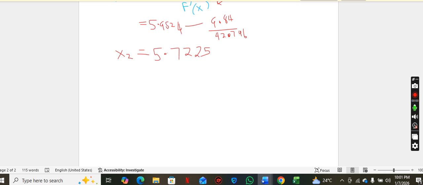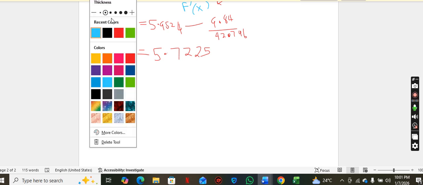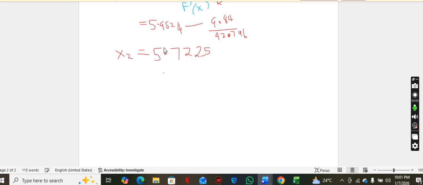This 5.725, you're going to put it in the original function and the derived function. So original function f of x equals x cubed minus 5x squared minus 4x.